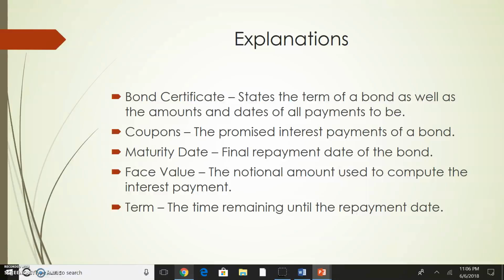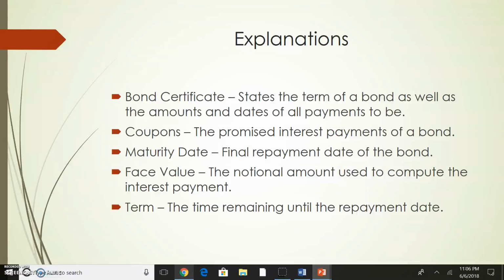So your bond certificate is going to include all the information that you need on it. Basically, just like if you were to get a loan and you have that loan payment information on there of the dates and the payments that will be, or just like a credit card, anything that you have to pay on, it has it on there.